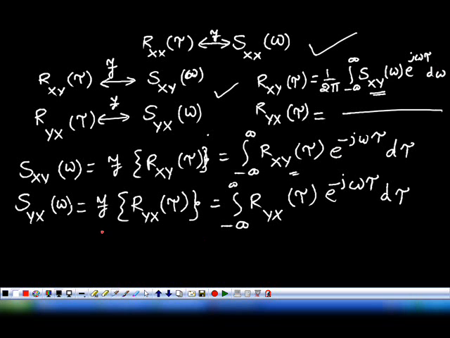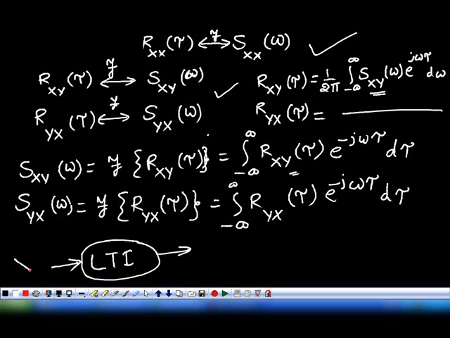That is right. If you have two random processes, we can define the cross correlation functions. The transform of these cross correlation functions becomes the cross spectral densities. So these relations are very, very important, especially in the analysis of linear time invariant systems with random inputs.